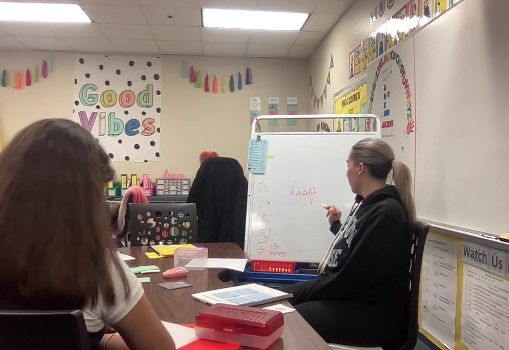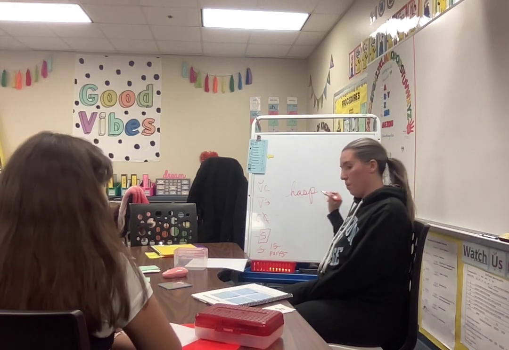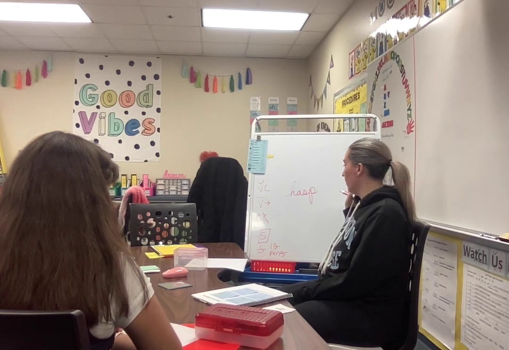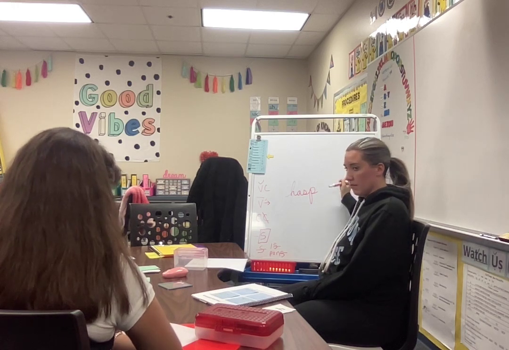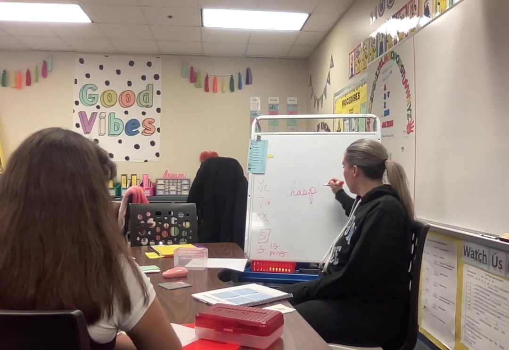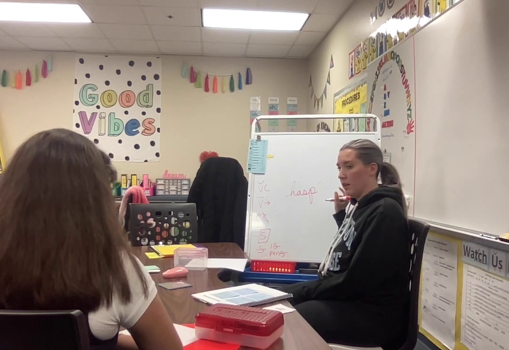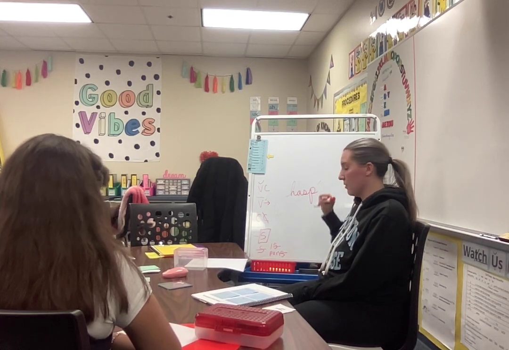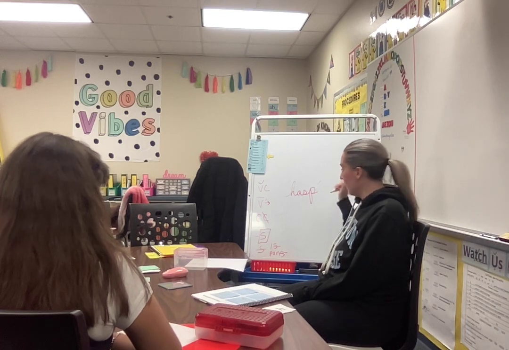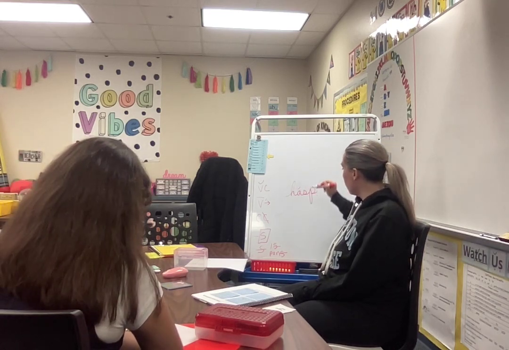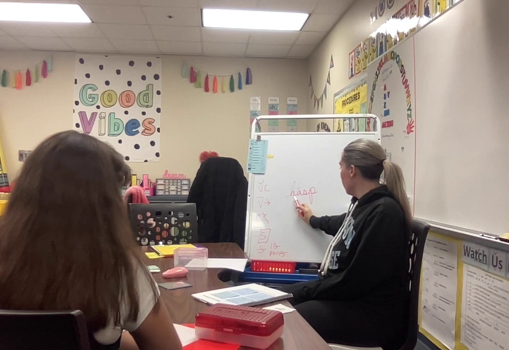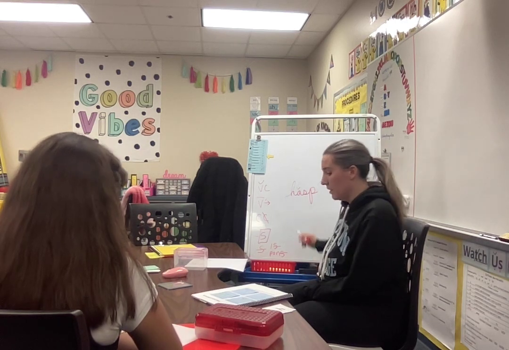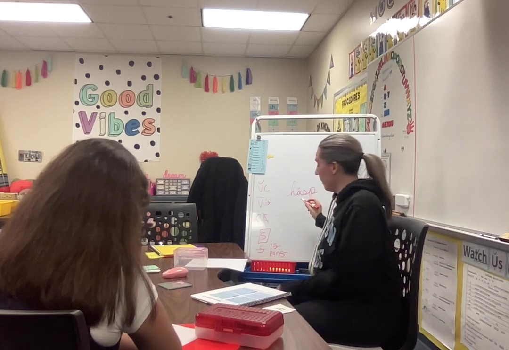A. Is this word open or closed? Closed. Is it accented? Yes. Is my vowel short or long? Short. Since our vowel is short, do we code it with a breve or a macron? A breve. So what does this word say? Hasp. Good.